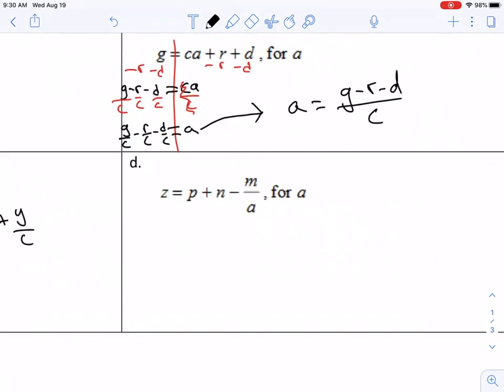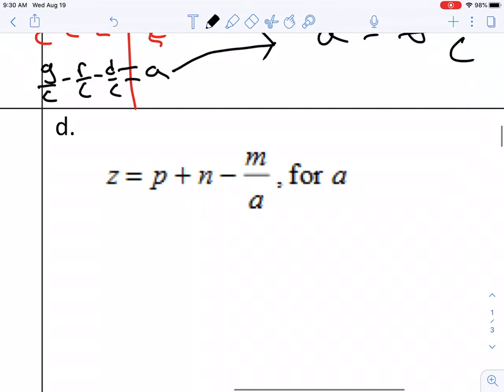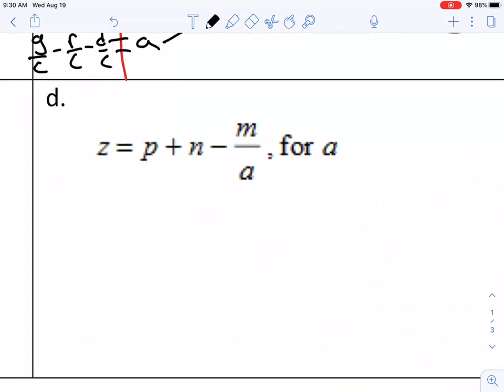Okay, and then finally we're going to solve for a over here. So I'm getting rid of whatever's adding or subtracting first, which means I can subtract p to both sides. Oh, sorry, that wasn't even both sides. There's both sides. Okay, so I can subtract p to both sides.